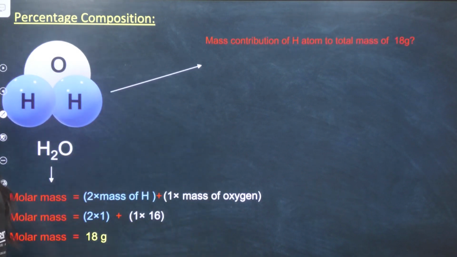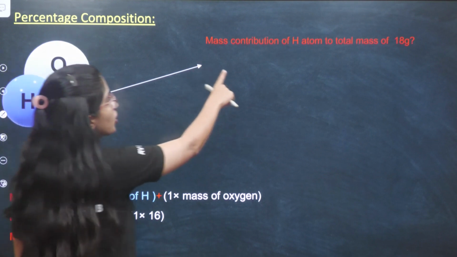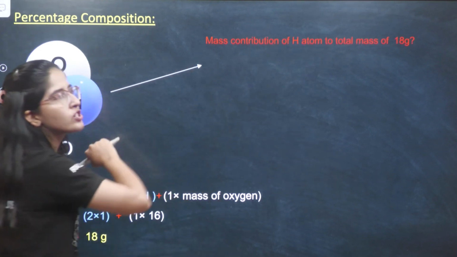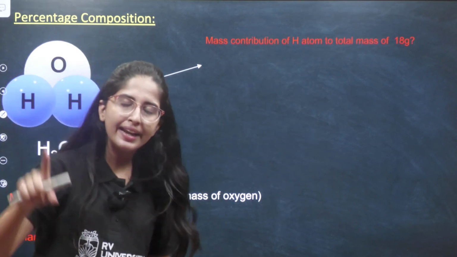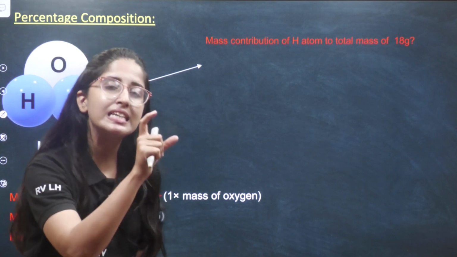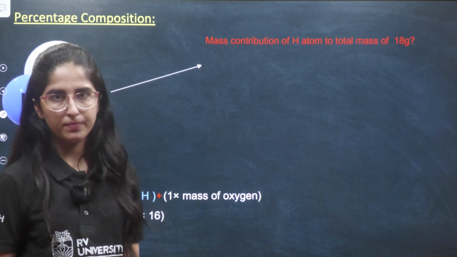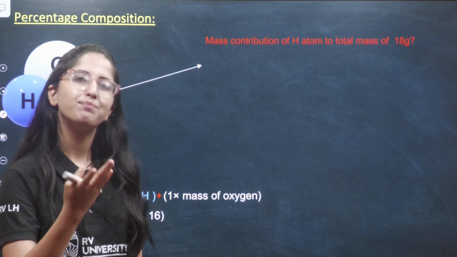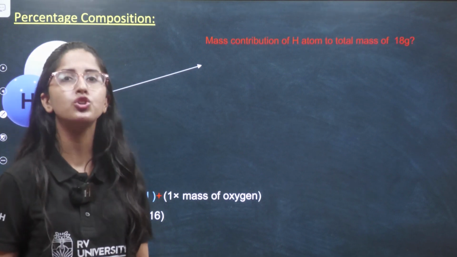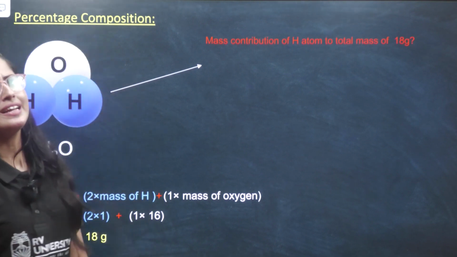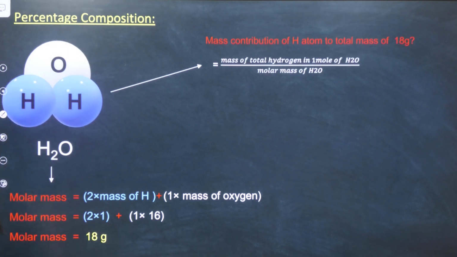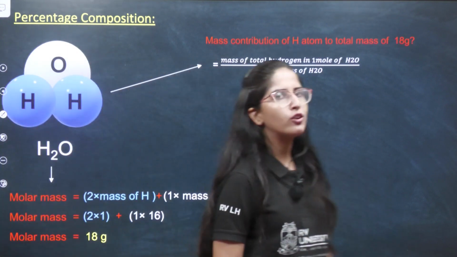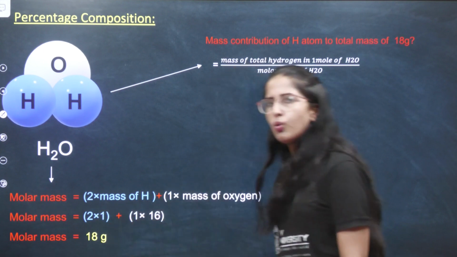But if you were asked the mass contribution of hydrogen atom to the total mass of 18 gram, out of this 18 gram, how much mass is contributed by hydrogen? That is your percentage composition of hydrogen in H2O. How will you calculate? You will simply say, what is the total mass of hydrogen present here? That is 2 into 1.